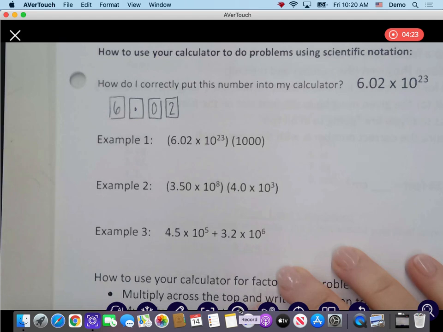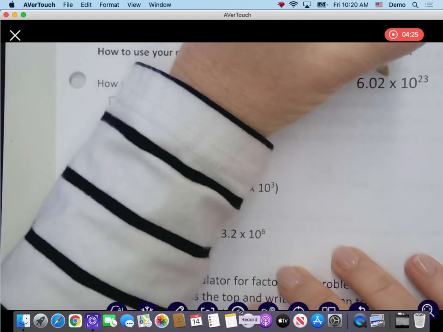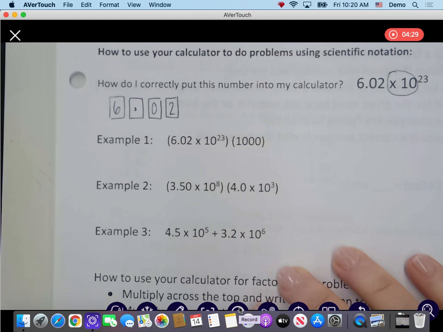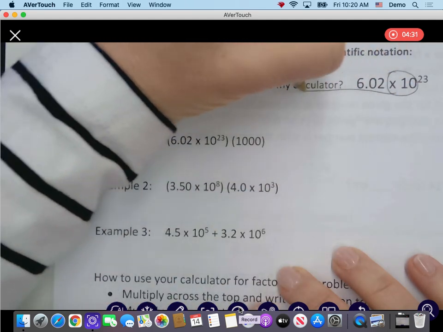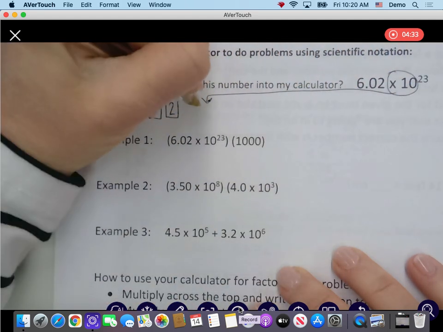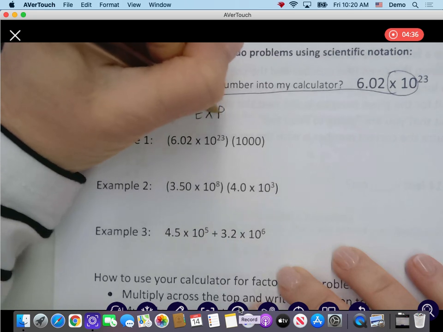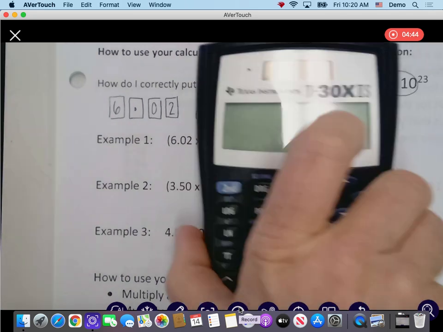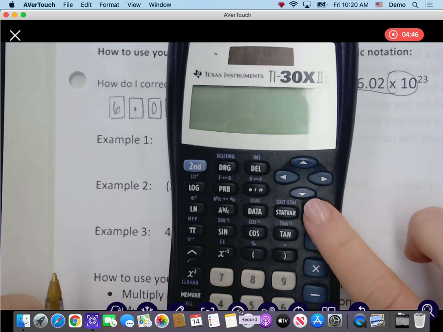Now, for this times 10, you are going to hit your exponent function, whether it's just EE or EXP. If it's a second function, hit second function and that number. Okay, now I'm going to get that far on my calculator and show you what that looks like on mine.